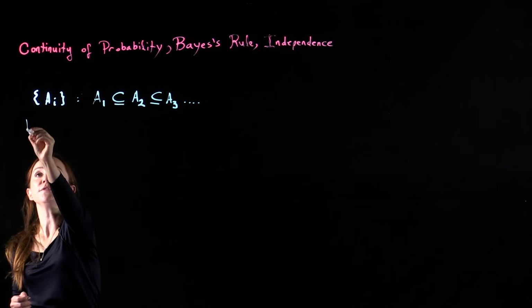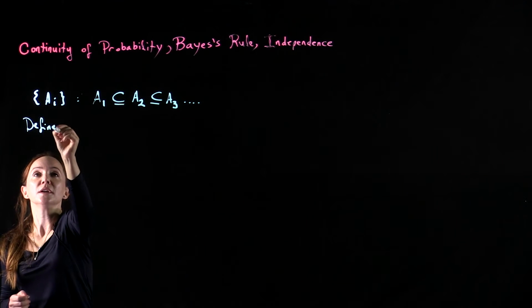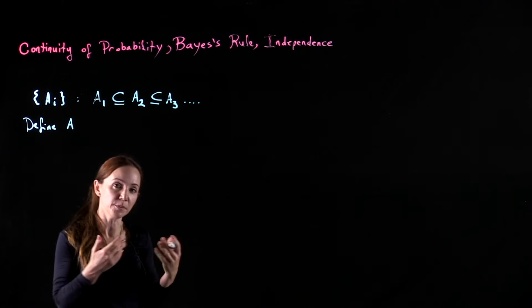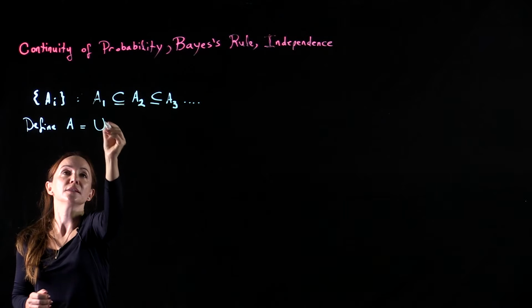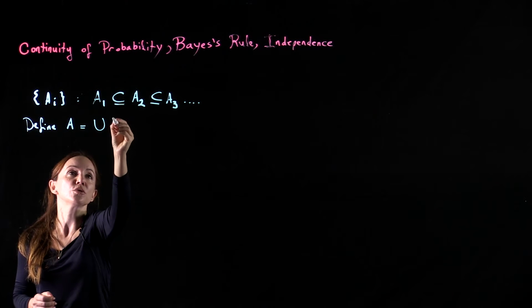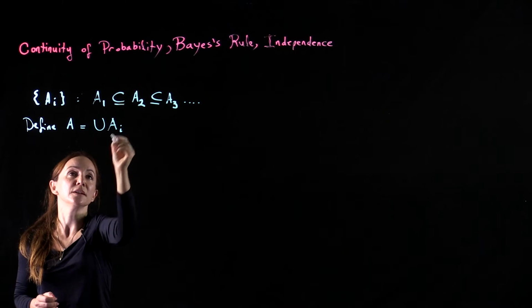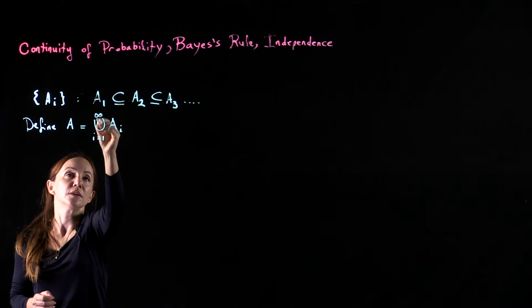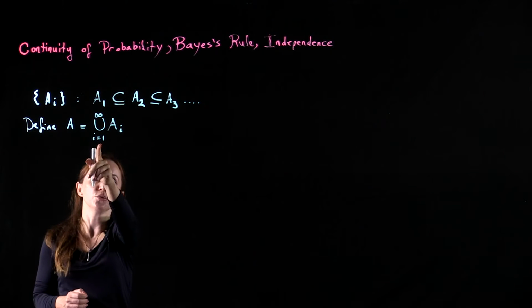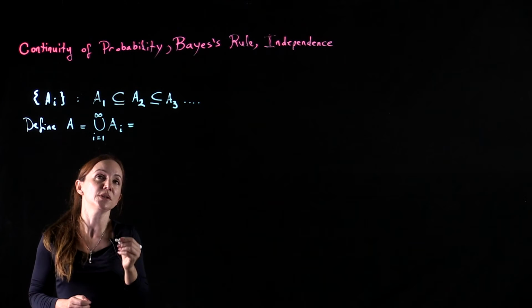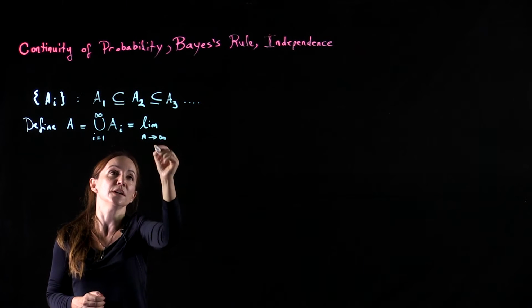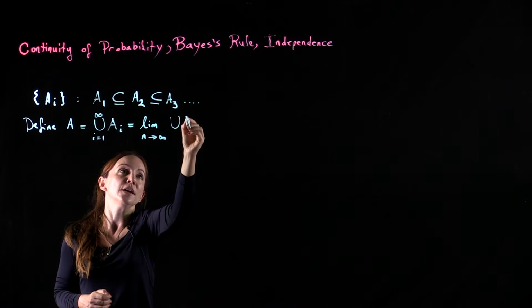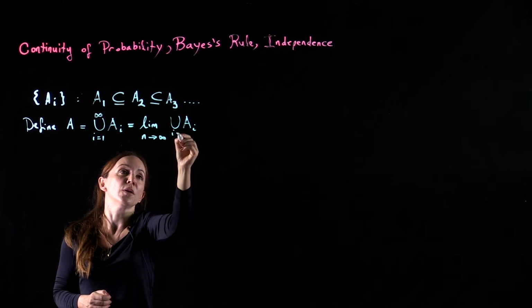Okay, let's define a set A as the limit of the sequence, such that the set A includes all the sets in the sequence. What does this infinite union mean? This infinite union essentially is the limit as n goes to infinity of a finite union from 1 to n.